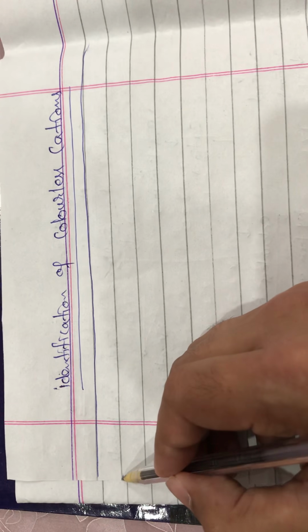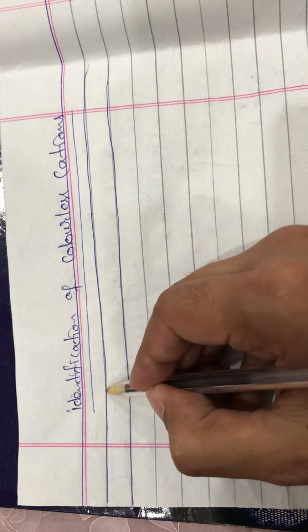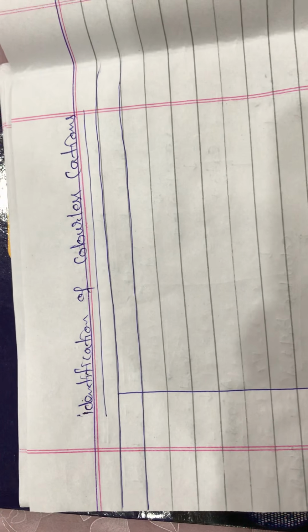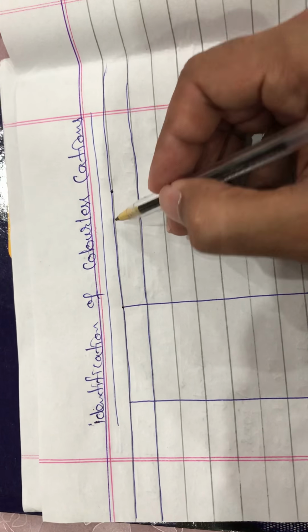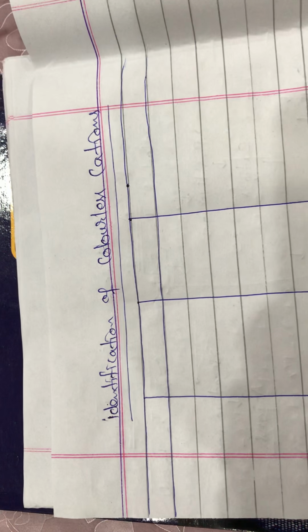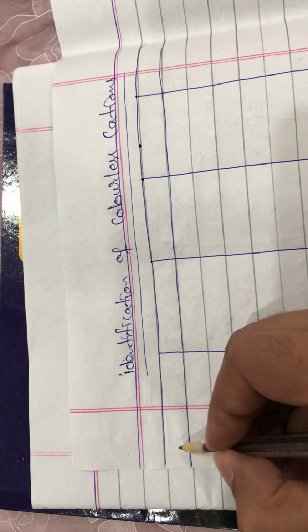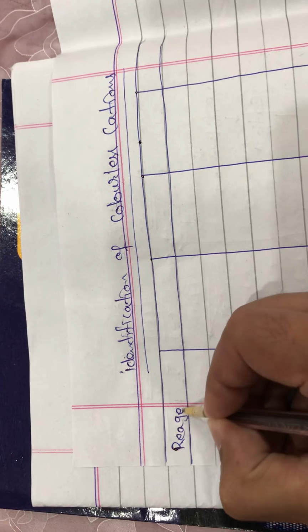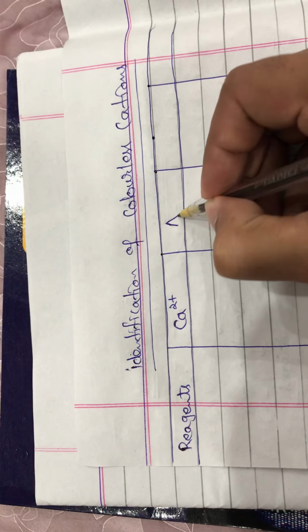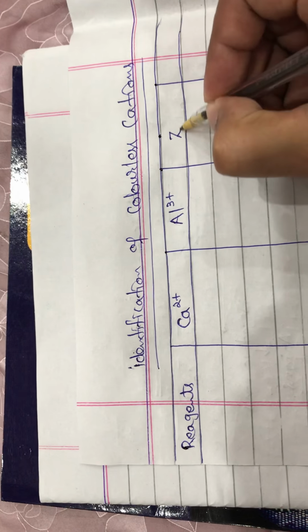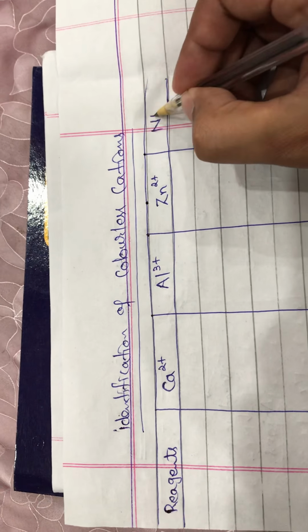In this table we will write the reagents first, then calcium ion, aluminium ion, zinc ion, and lastly ammonium ion.